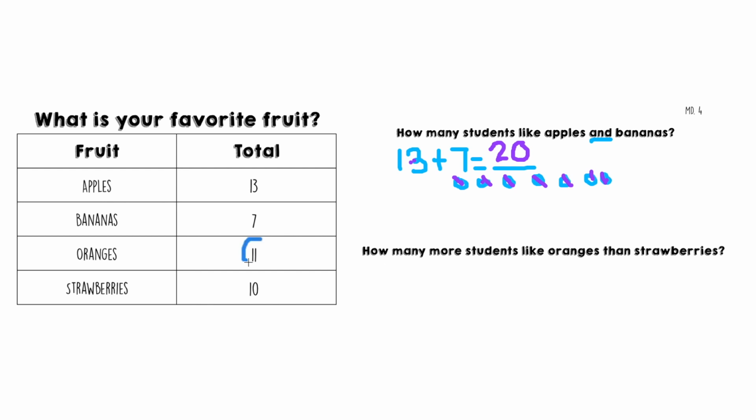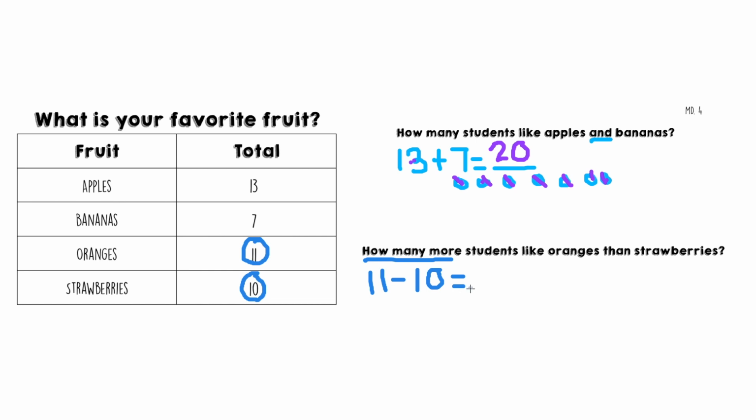So I see that there are 11 students who like oranges, and then there are 10 students who like strawberries. And since our strategy is to subtract to answer our how many more question, then I know that I need to start with my largest number, which is 11, and I am subtracting 10, and then I need to find the difference.